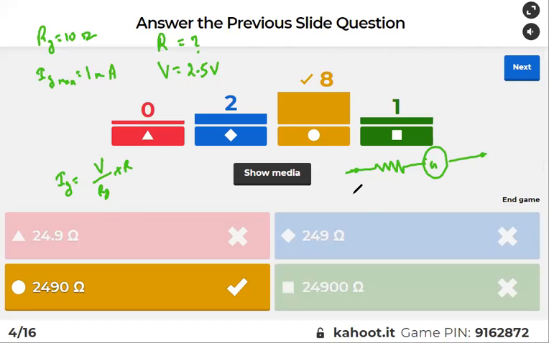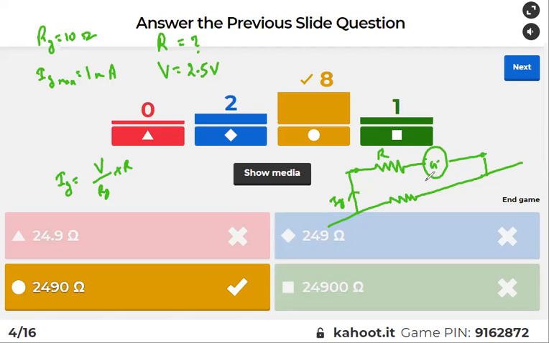Because if you think about this, Ig will go here. And the current is given as 1 milliampere, voltage 2.5 volt. You have to find this value of R. This value of Rg is given.